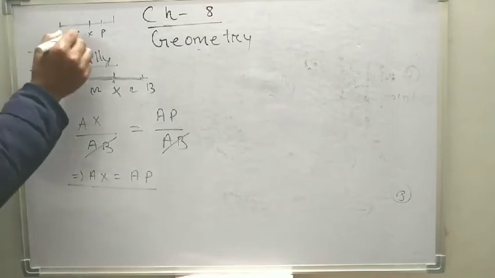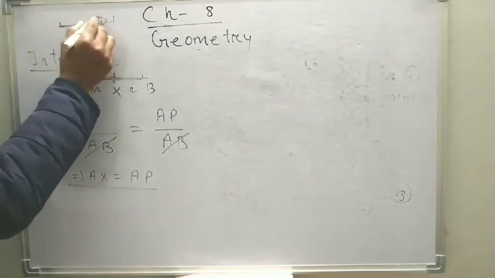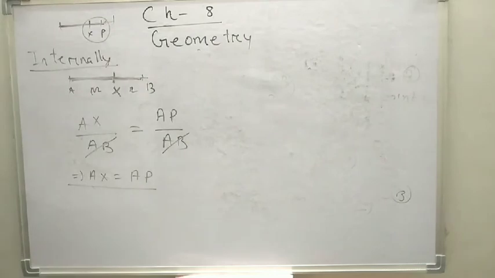If AX is equal to AP, that means X and P coincide. That means the point X and P are same.